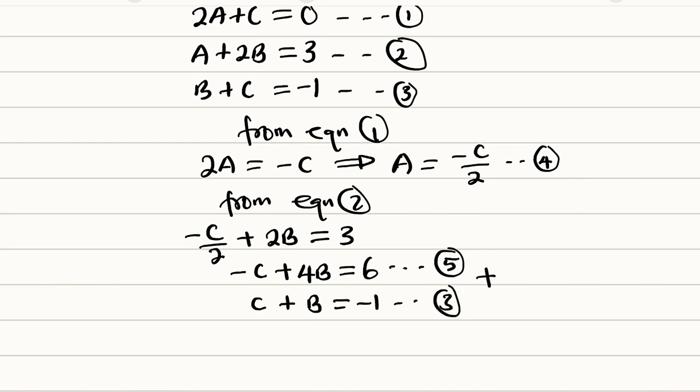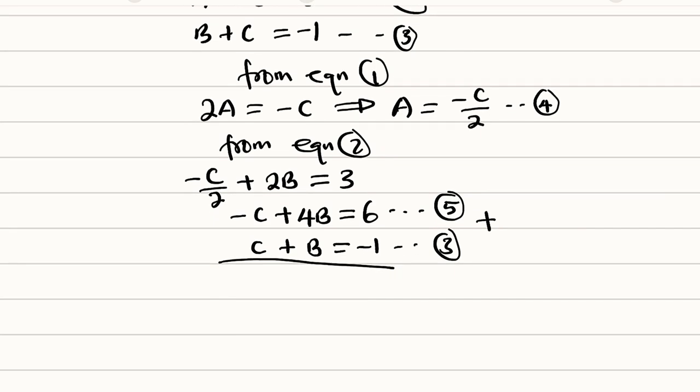We want to add them together to eliminate c. -c plus c is 0. 4b plus b is 5b. To the right, we have 6 plus -1, which is 5. We are looking for b. We can divide both sides by 5. Therefore, b equals 1. We have just obtained one of the values we are looking for.